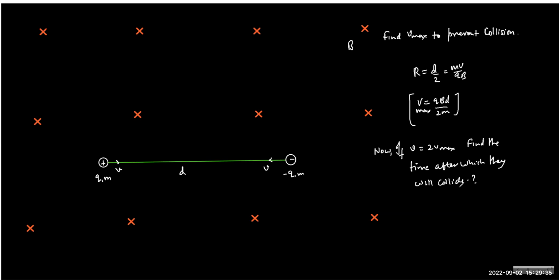Sir, I'm not able to eliminate the theta. Theta is something which you can find using geometry. Because if the velocity has been doubled, earlier the radius was d by 2, now the new radius is d. Okay. Yes, sir.